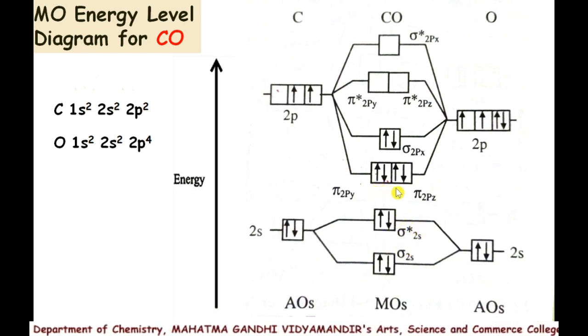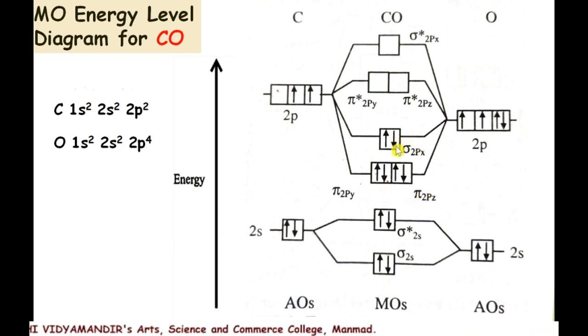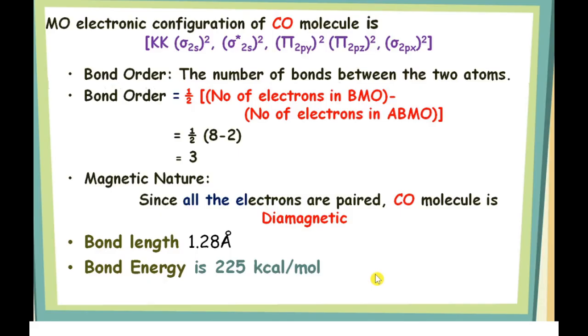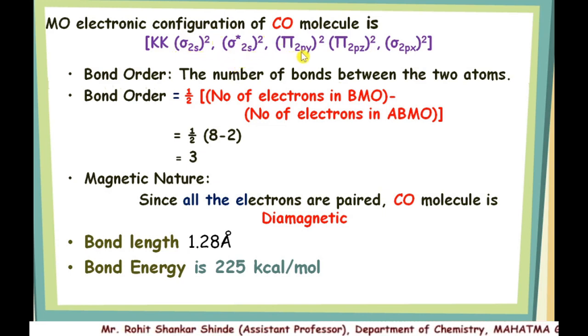Next 4 electrons are occupied in pi 2py and pi 2pz, and the remaining 2, that is the last 2 electrons, go to sigma 2px. All electrons are paired. So its molecular orbital electronic configuration will be KK sigma 2s2 sigma star 2s2 pi 2py2 pi 2pz2 and sigma 2px2.